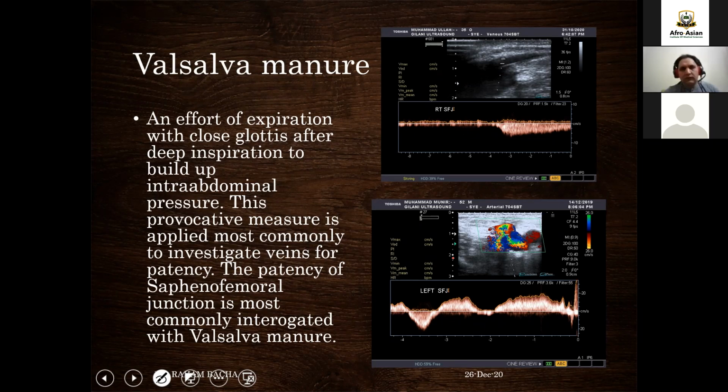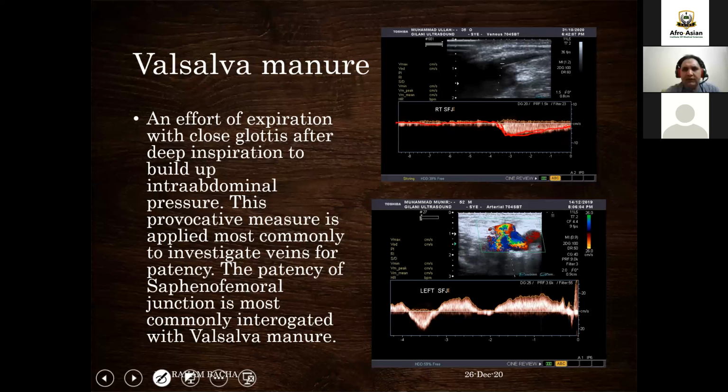Okay. Here in the first image, you can see a competent saphenofemoral junction. During the Valsalva maneuver, there is no reversal of blood flow at all, and after relaxation of the breath, there was a surge of blood flow. So this is competent.